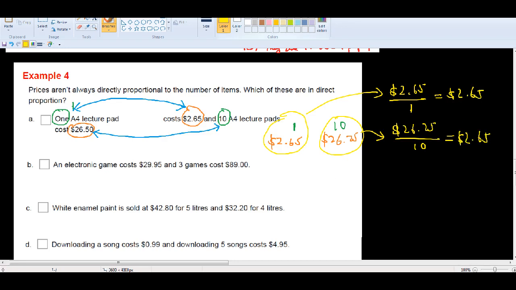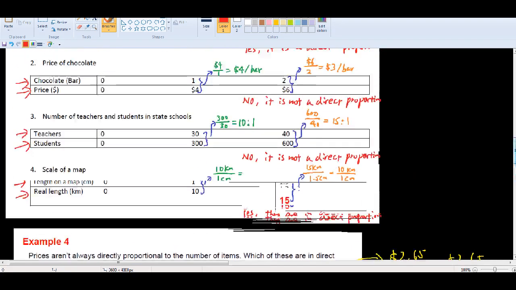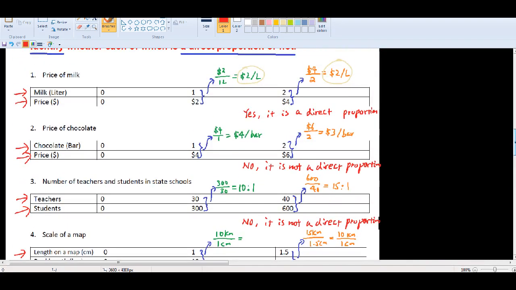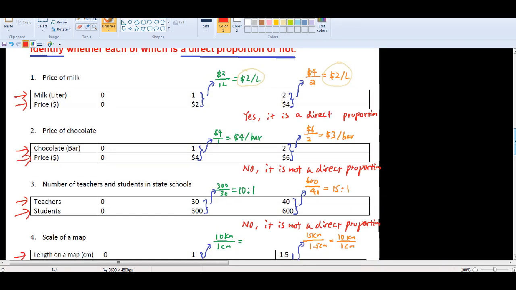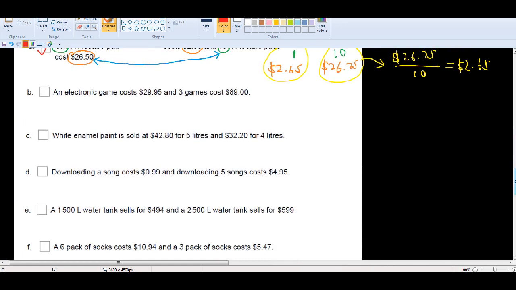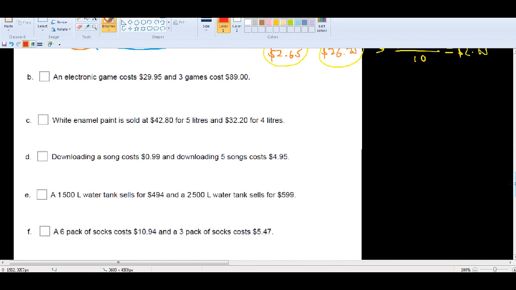That means this is a direct proportion. This one is obviously more difficult than the last one, because in the last one I showed you the relationship in a table, but this one you need to get the quantities out of the context. Let's do another one.